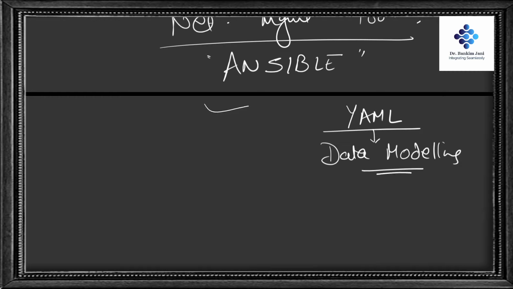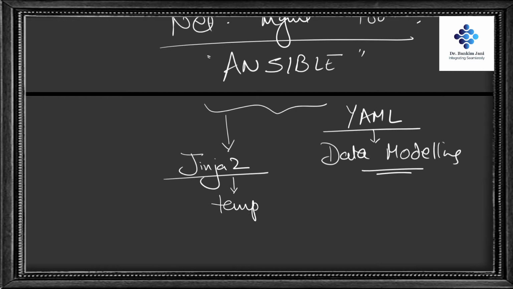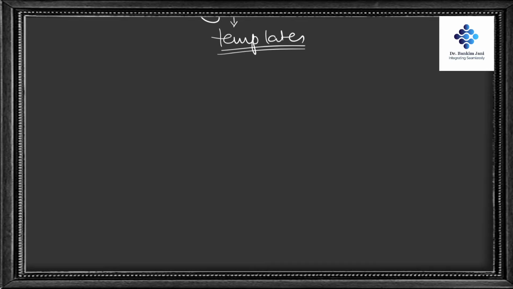Now what Ansible does is it uses a language called Jinja 2, and using this language it will create templates, and then these templates will be used. Now we'll see one example, and we'll actually create that template and see how it goes.